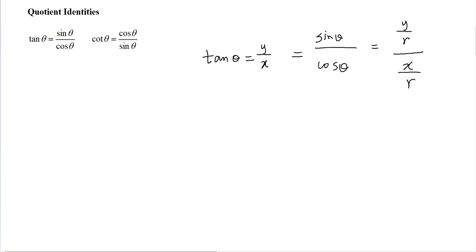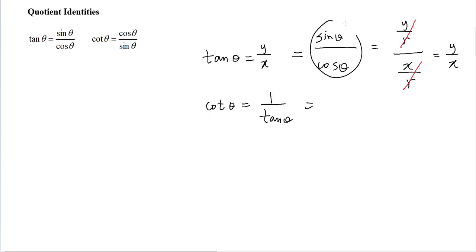If you cancel 1 over r, that is just equal to y over x. So tangent theta, y over x, equals sine theta over cosine theta. And we just learned from the reciprocal identity that cotangent theta is 1 over tangent theta. So if you use the reciprocal of that, meaning cosine theta over sine theta, it's going to be cotangent theta. So these two are called quotient identities.